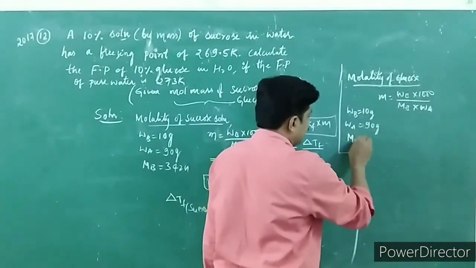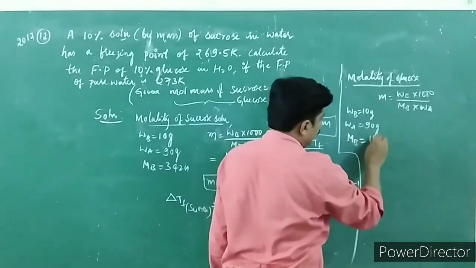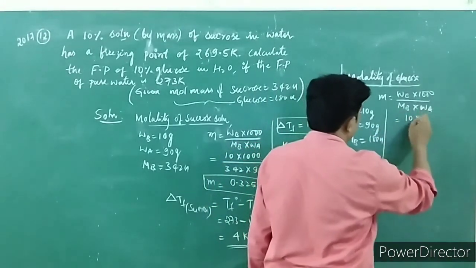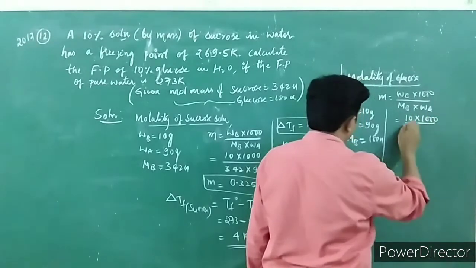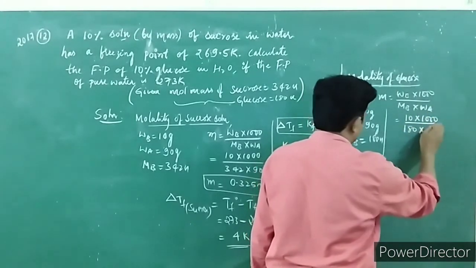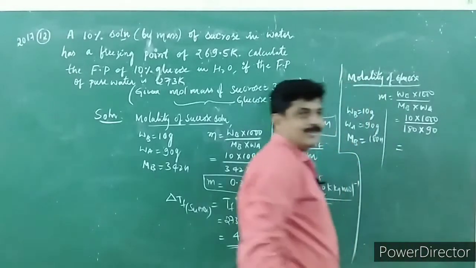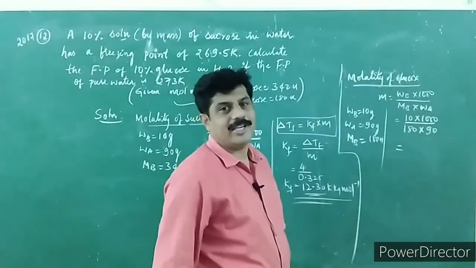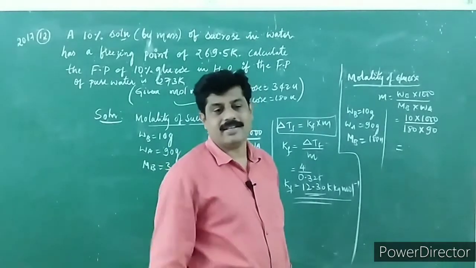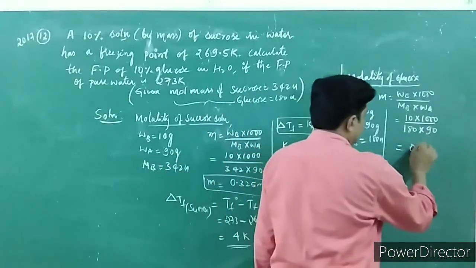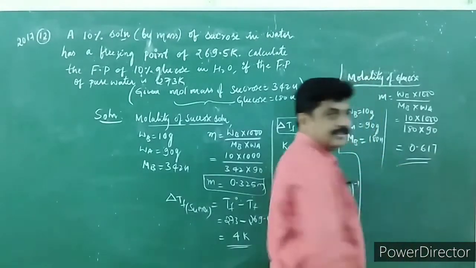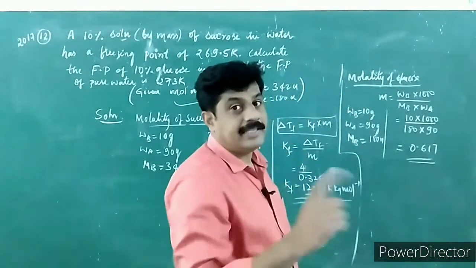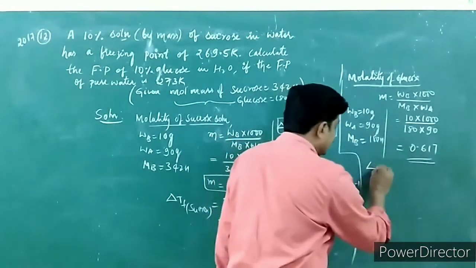MB is given here, it is 180 u. Now, m is equal to 10 into 1000 upon 180 into 90. Hope you are getting that. Children, if you simplify this, you are going to get 0.617. Children, once you get this molality of glucose, now I'll go for finding out delta TF.